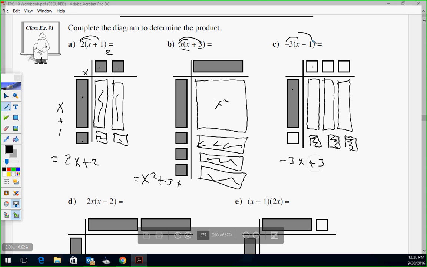Distribute, you'll see that's what it comes out because a negative times a negative is a positive. All right. We good?